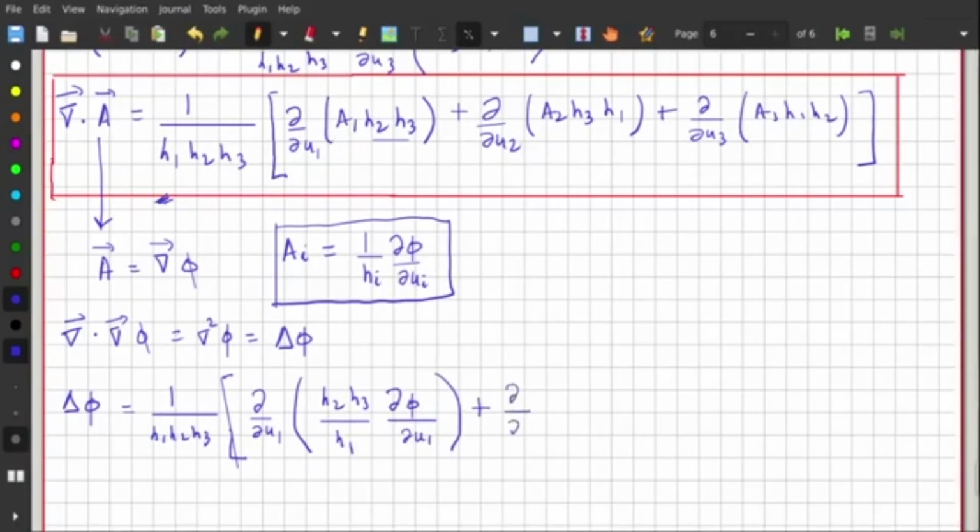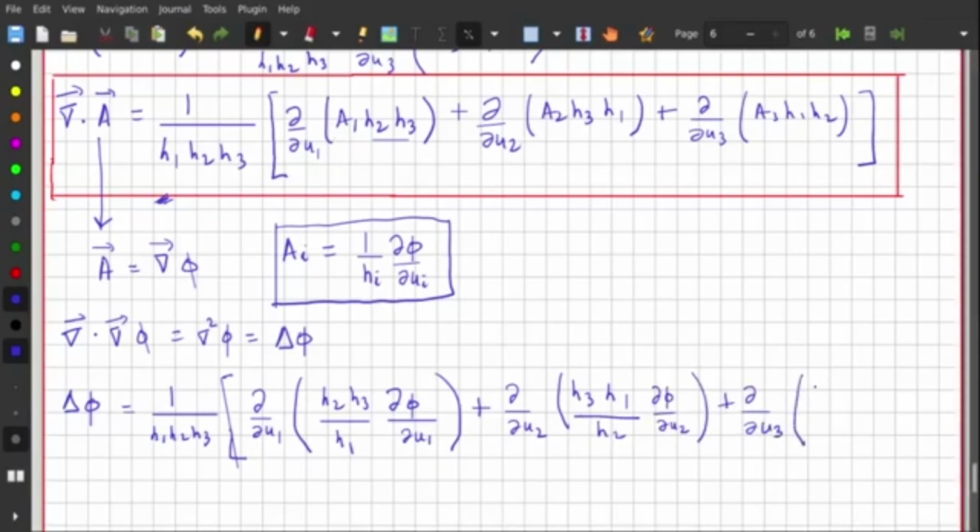So this becomes partial with respect to u2 of h3 h1 by h2 partial phi partial u2, plus partial with respect to u3 of h1 h2 by h3 partial phi partial u3. That's the general expression for the Laplacian.